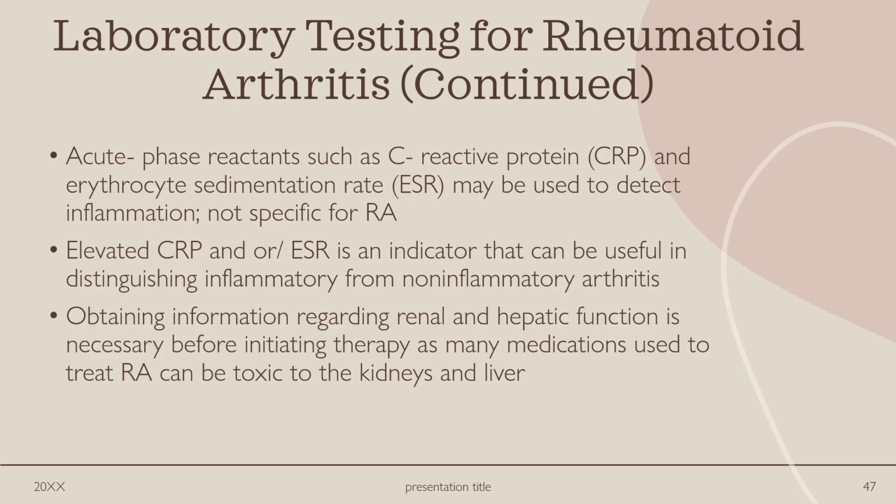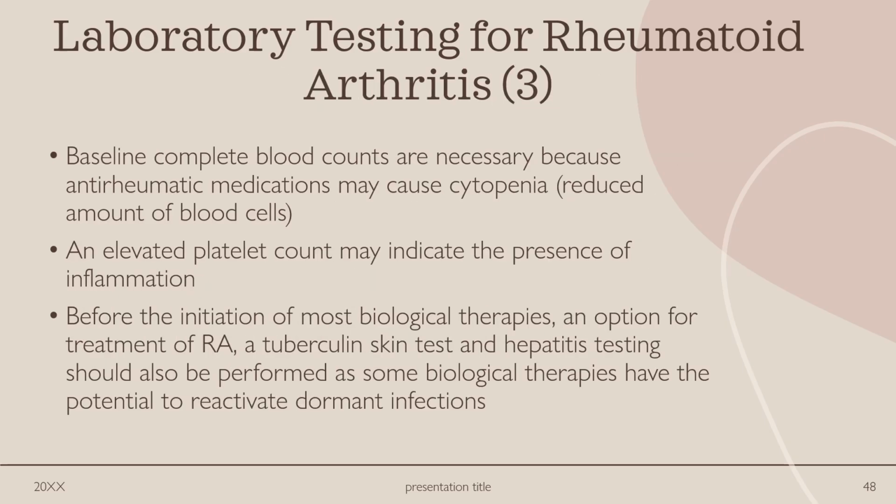So obtaining information regarding renal and then hepatic, meaning the liver, function is necessary before initiating therapy, as many medications that are used to treat RA can be toxic to the kidneys and then the liver. So a baseline complete blood count is necessary because anti-rheumatic medications can cause what we call cytopenia.